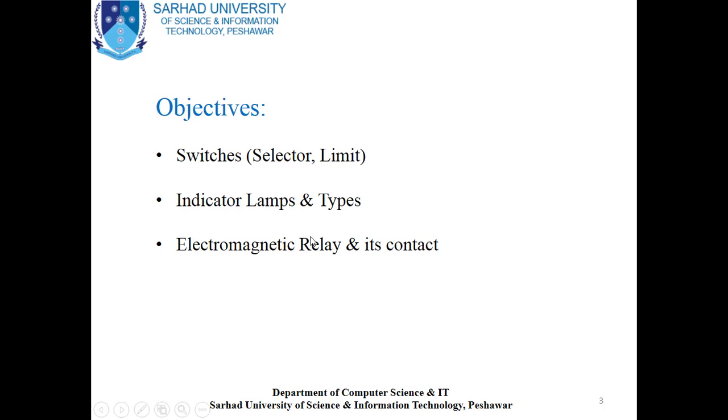These are the objectives of the present lecture. The first objective is switches. We will learn about the selector switch and limit switch, their uses and their functions. The second objective is indicator lamps and types. In this lecture, we will discuss different types of indicator lamps, in the form of red color, green color and amber color.